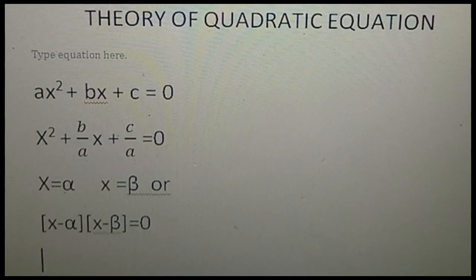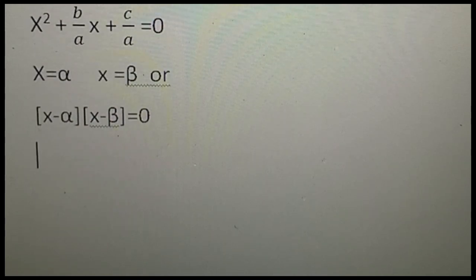Let's expand this bracket. If we say x times x, we get x squared.